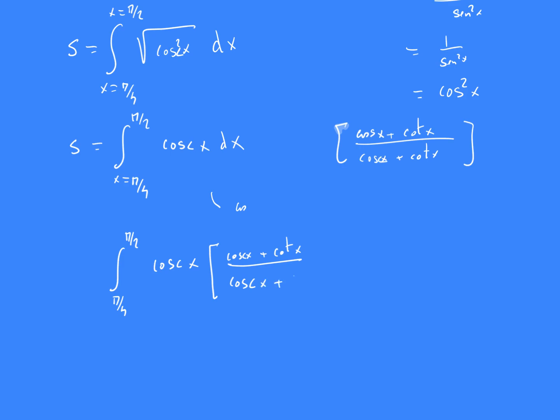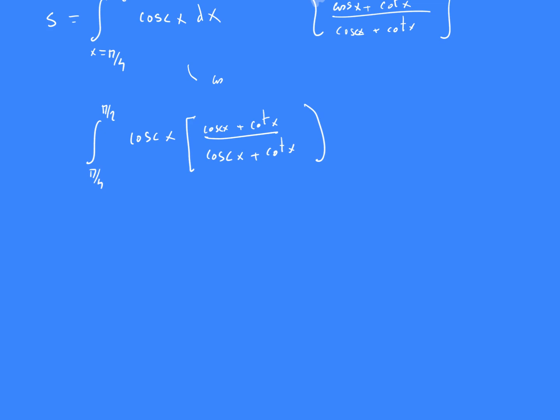plus cotangent x. If you multiply, you will have the integral from pi divided by 4 to pi divided by 2 of cosecant squared of x plus cosecant x cotangent x, divided by cosecant x plus cotangent x, dx.